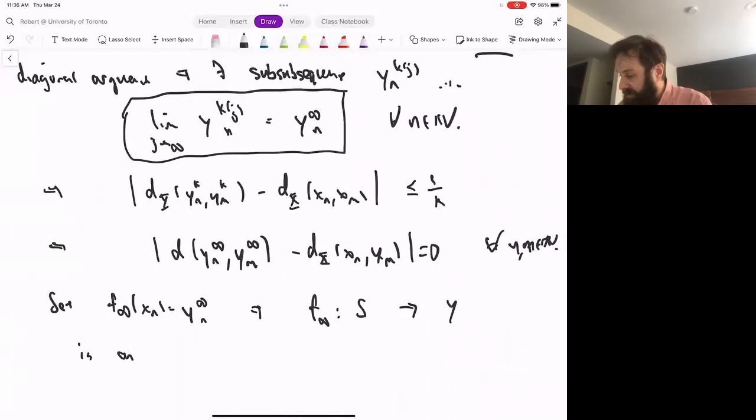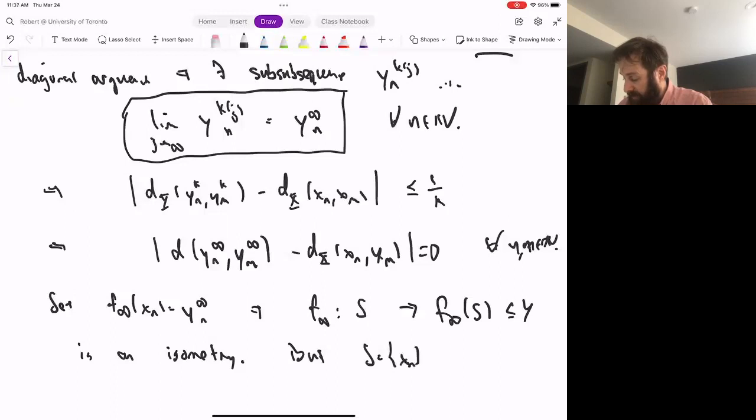Well, I guess it's an isometry onto its own image. But S was this dense set.